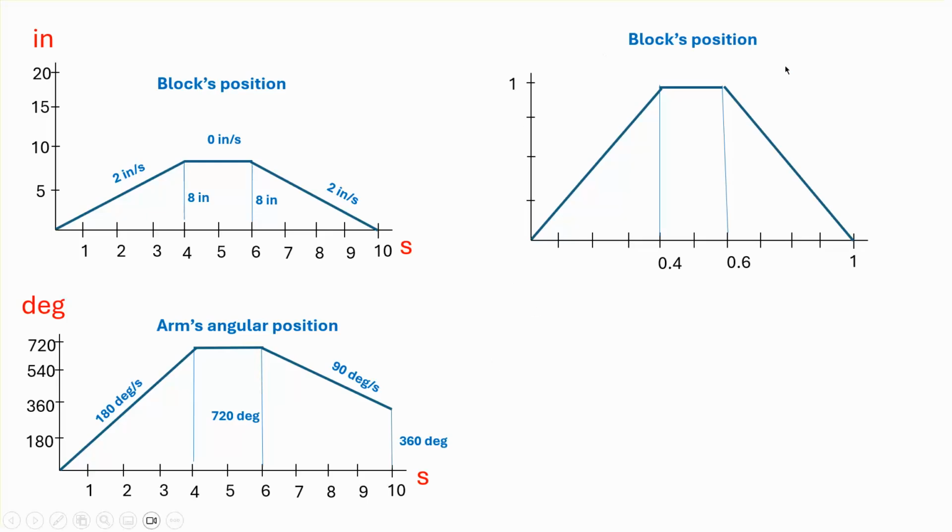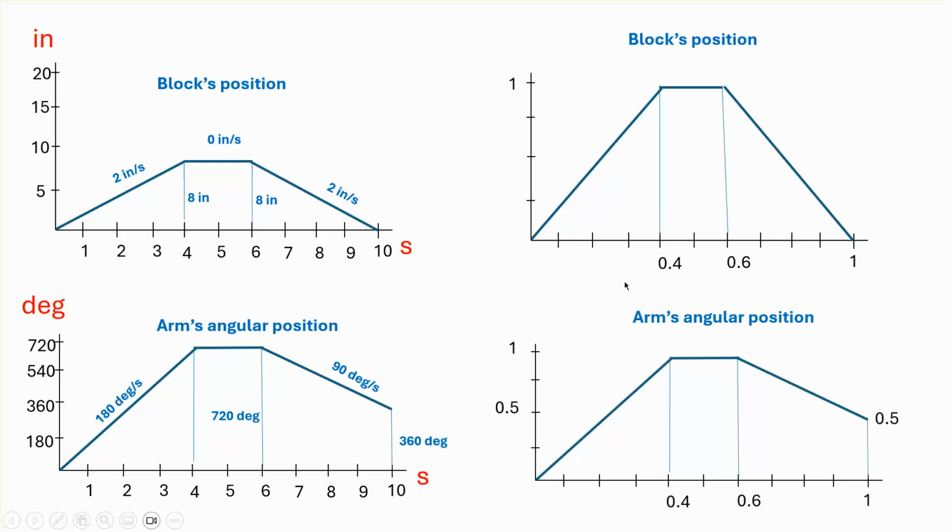So I'm going to create this kind of a sketch in my model and this kind of a sketch for the propeller and say this is the information, but a horizontal direction of 1 unit, whatever it is, inches for example, corresponds to actually 10 seconds. And a vertical unit of, for example, 1 inch will correspond to 8 inches. So these are going to be specified later on.